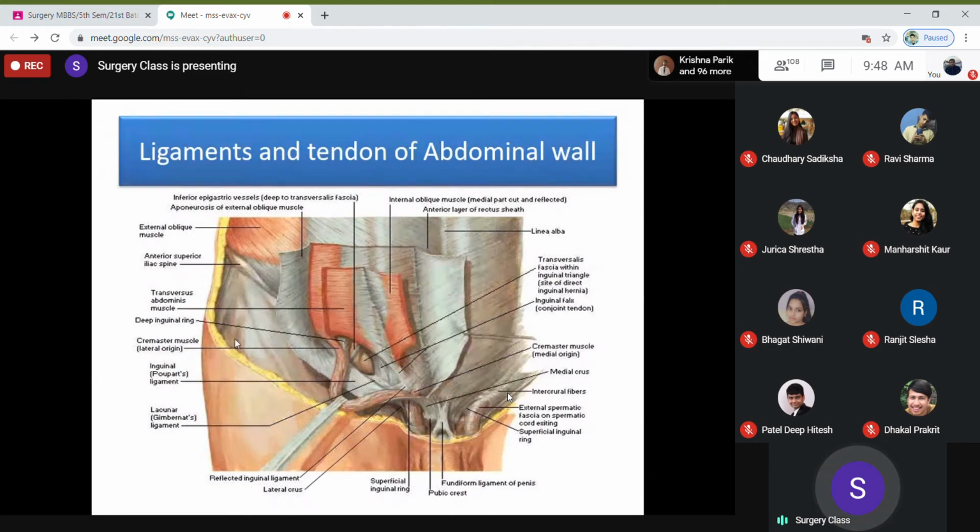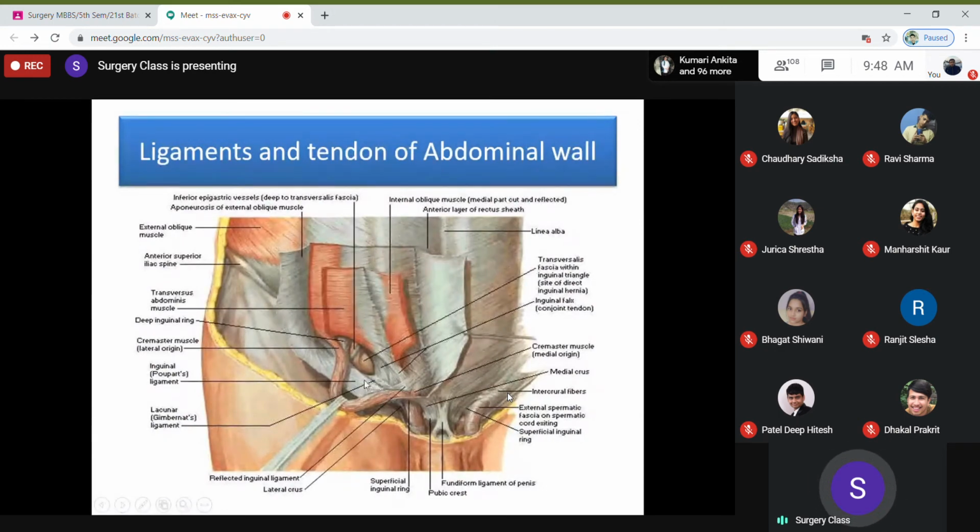Now, when I'm talking of inguinal hernia, you will see that this is the inguinal ligament, from the anterior superior iliac spine to the pubic tubercle.